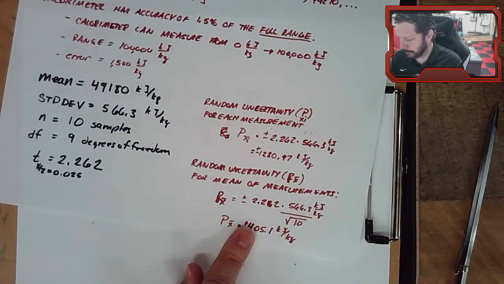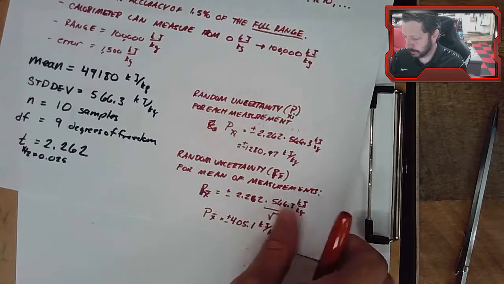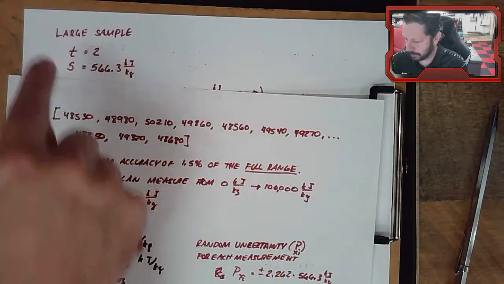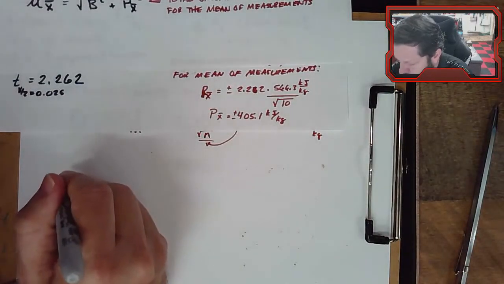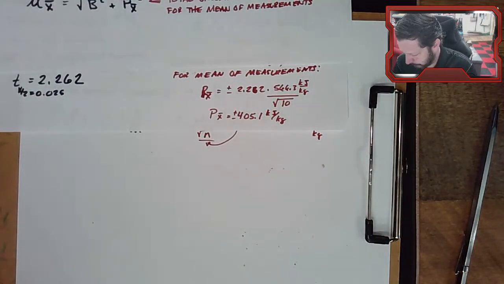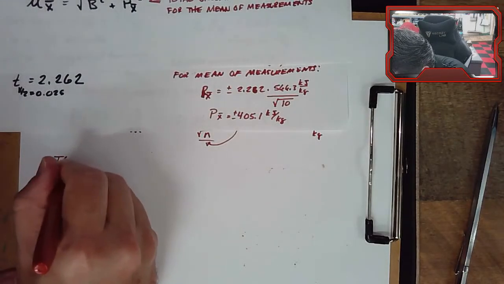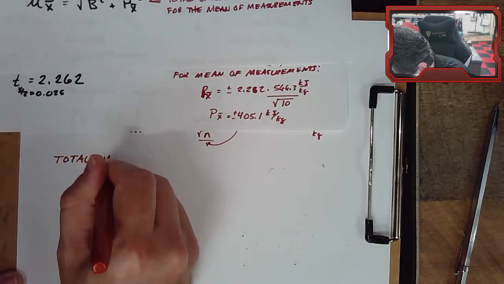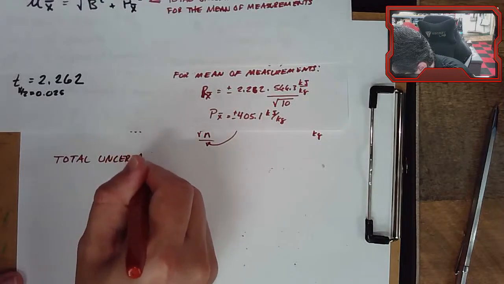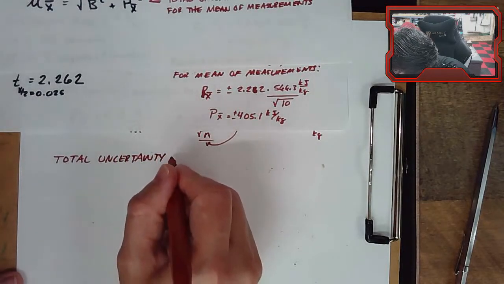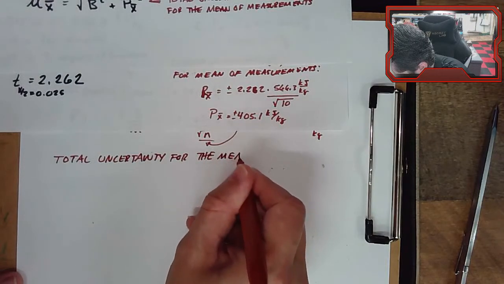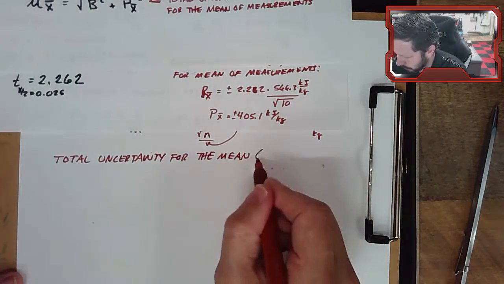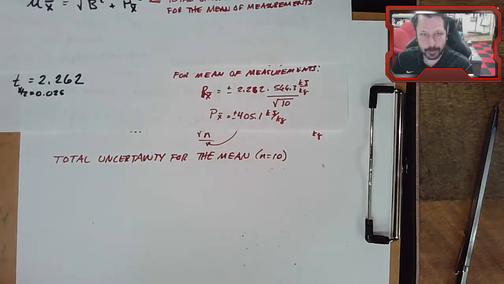Let's just use this one, and let's assume that we haven't done the large sample. So total uncertainty for the mean. Let's write that. So this is our n equals 10 samples, assuming we never did the large sample.